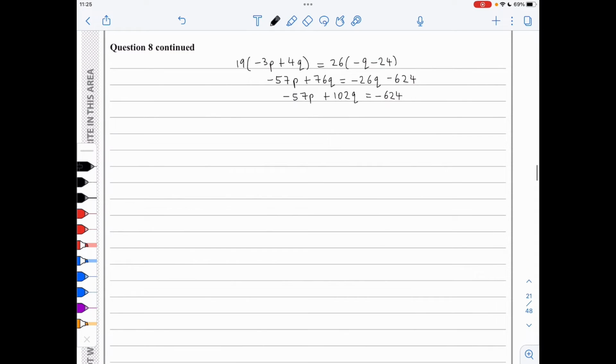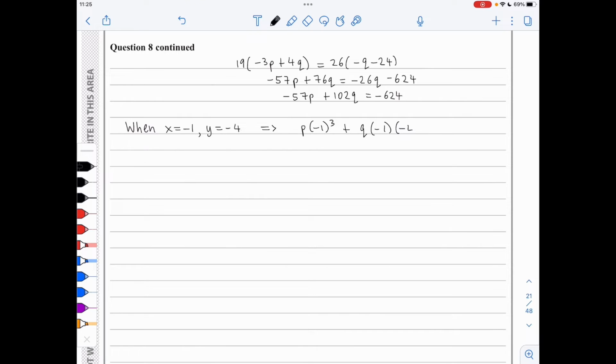Now, we also know that the point P with coordinates x is minus 1 and y is minus 4 lies on the curve. So when x is minus 1, y is negative 4. And this means I can substitute x is negative 1 and y is negative 4 into the equation of the curve.